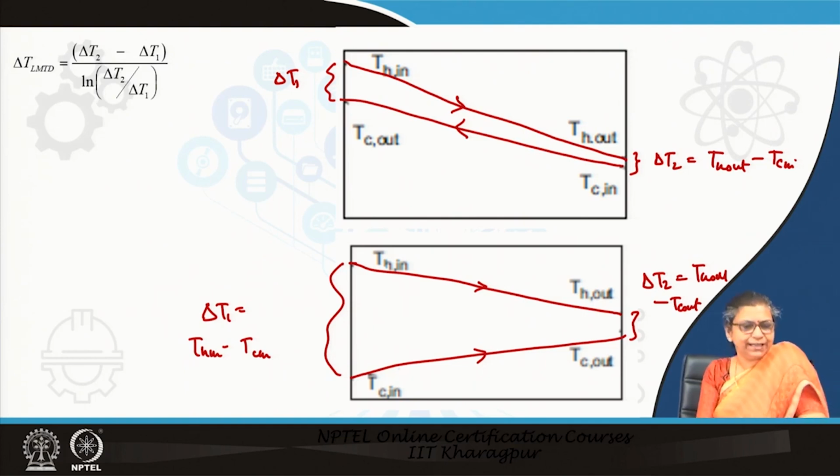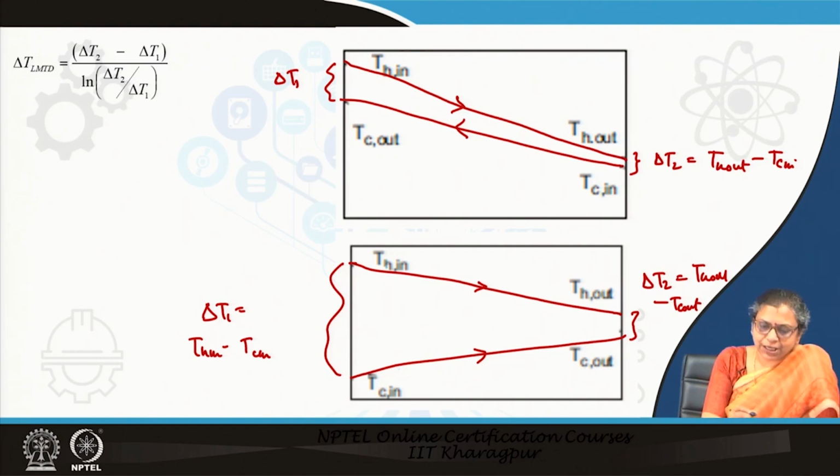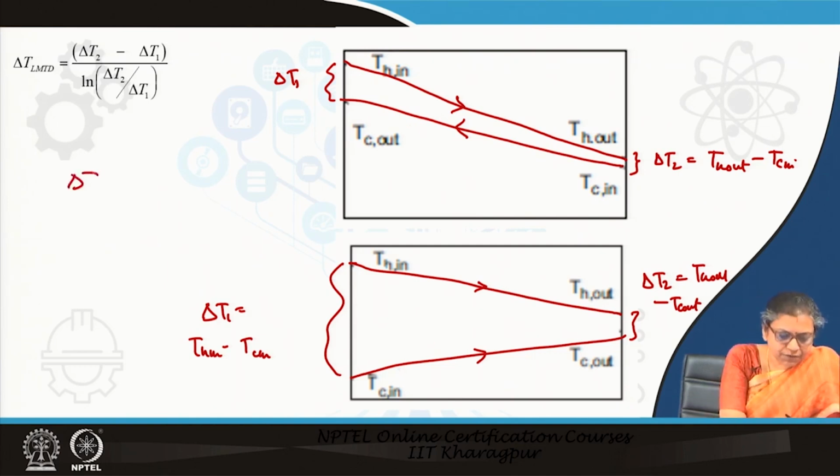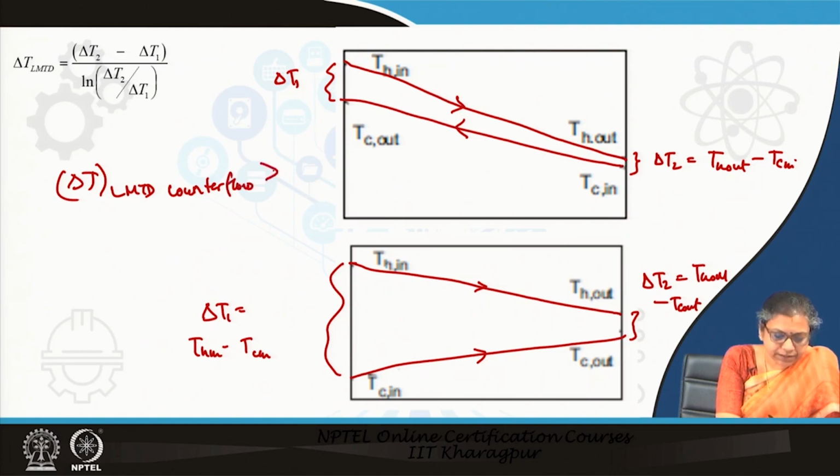Normally, if you calculate the delta T LMTD, you will find that for this case delta T LMTD will be higher compared to this case. So, usually we find that delta T LMTD for counter flow is greater compared to delta T LMTD for co-flow.